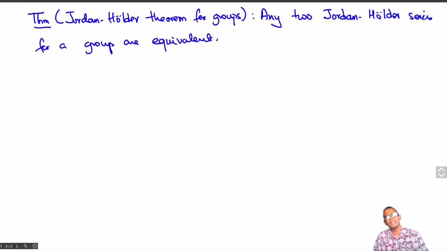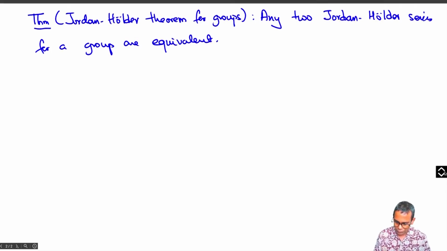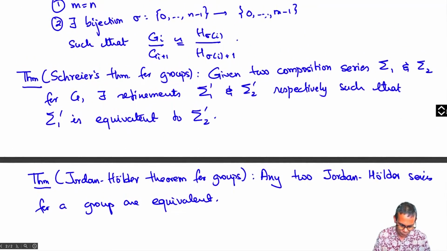Okay, this could have been stated for modules also in this way. Basically, we're not concerned with whether there exists a Jordan-Holder series or not. We're saying if there are two Jordan-Holder series, which means that they exist, then they are equivalent. And this is a direct consequence of Schreier's theorem.